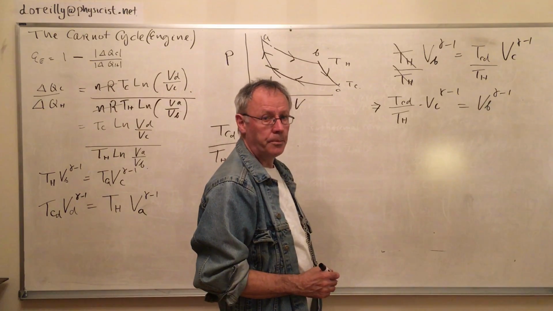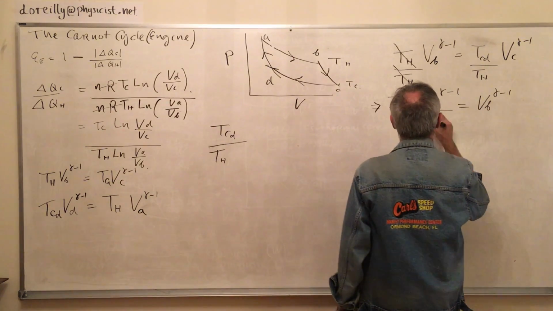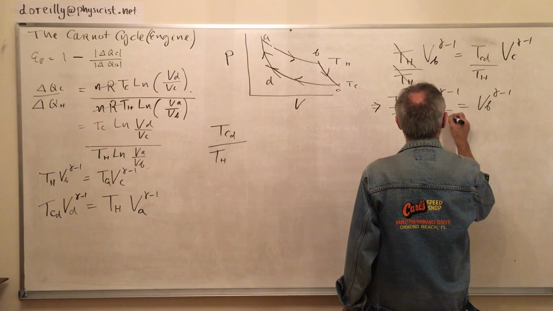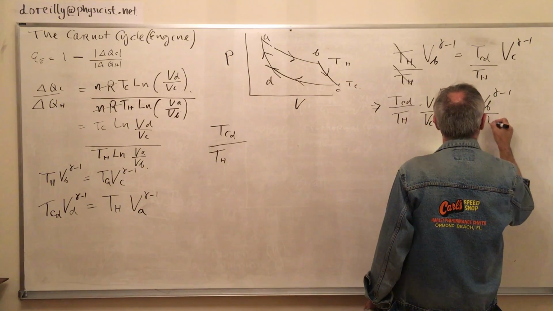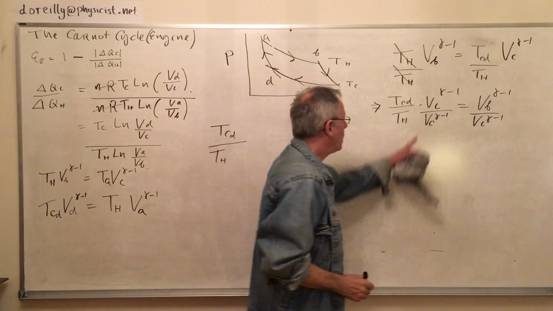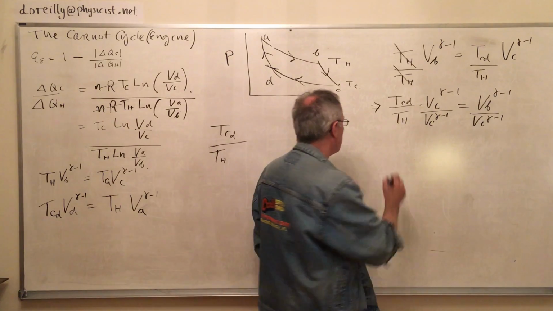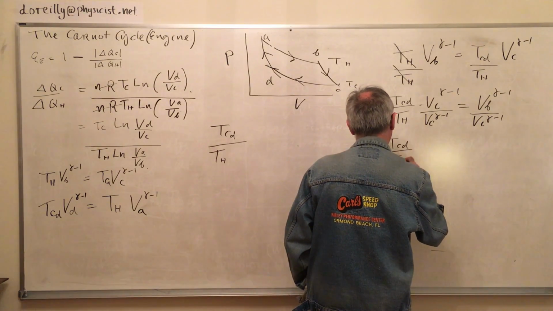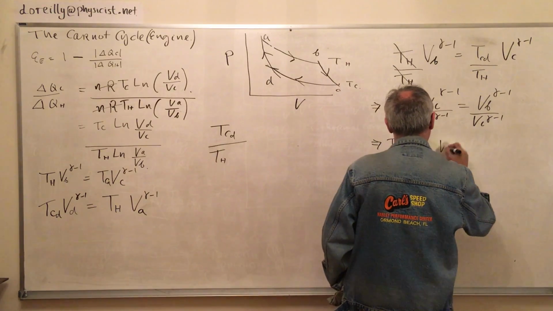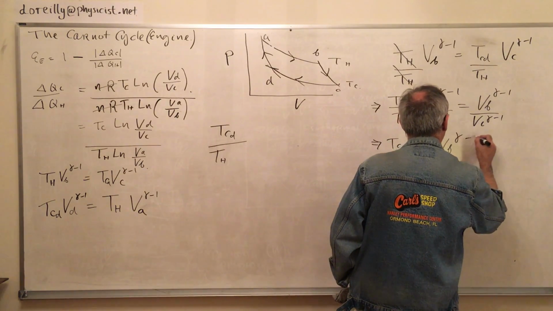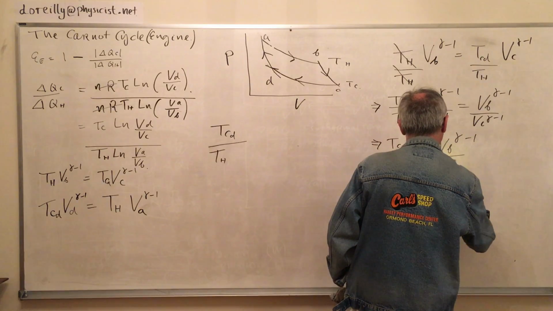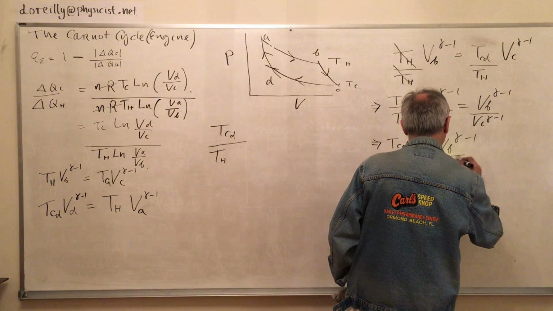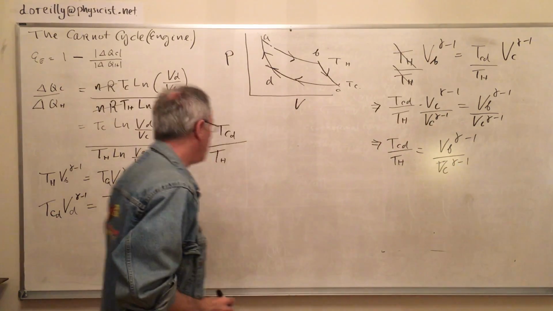So far, so good. Now let's divide both sides by VC to the gamma minus 1. Well, that over that just gives me 1. And that's our first relationship.